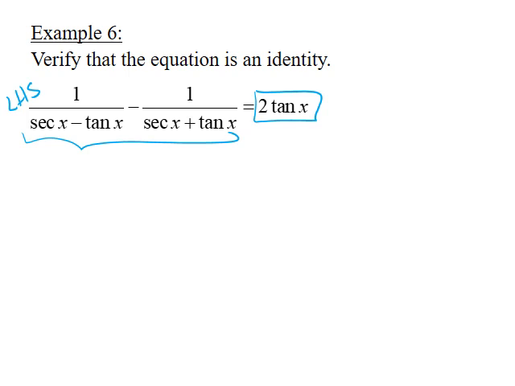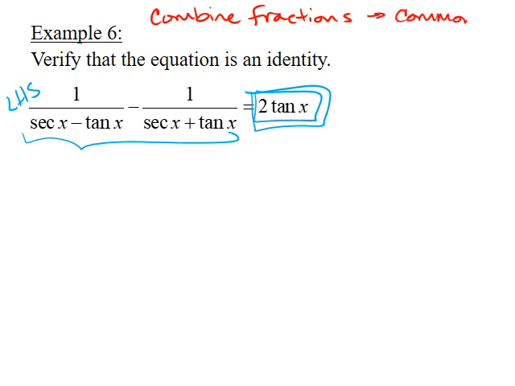And then we're going to try to simplify that fraction so that it comes out of fraction form and takes on 2 tangent of x instead. So, to summarize, I'm going to combine my fractions. And remember, when I'm combining fractions, I need to get a common denominator, just like we did in a previous problem.